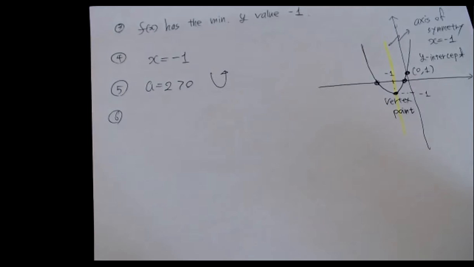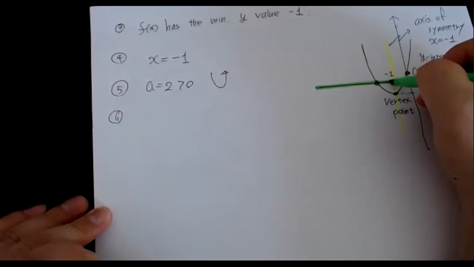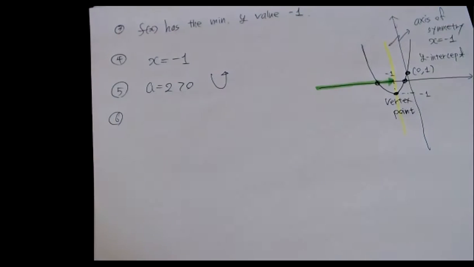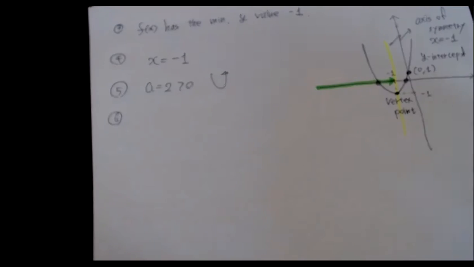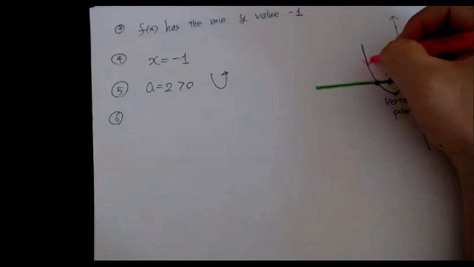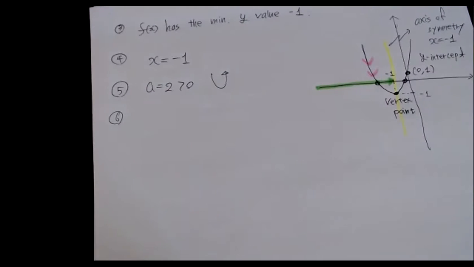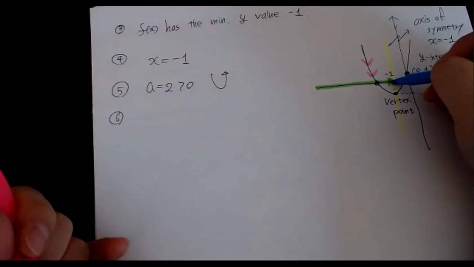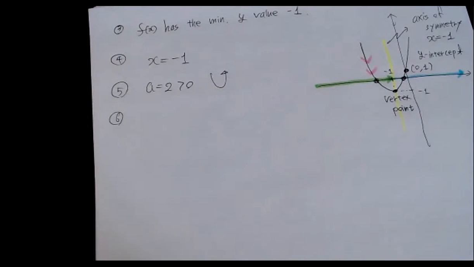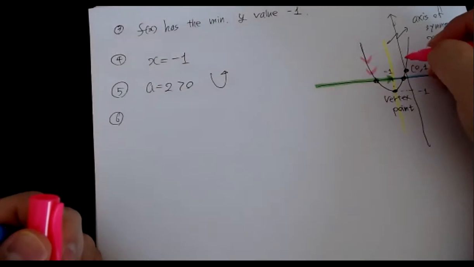From negative infinity to negative 1, this is where f(x) is decreasing, because this is a parabola that opens up, right? And from -1 to infinity, the graph is going up, so f(x) is increasing.